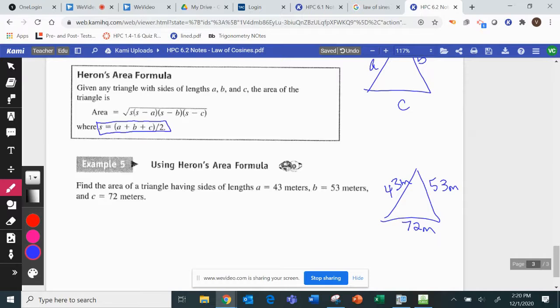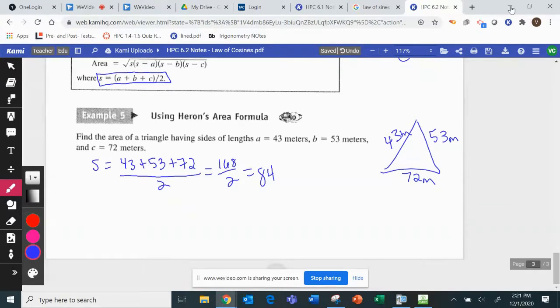S is add all three sides up, divide by 2. And you can trust me, it's 84.